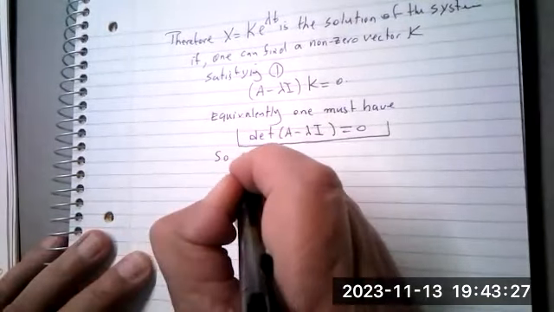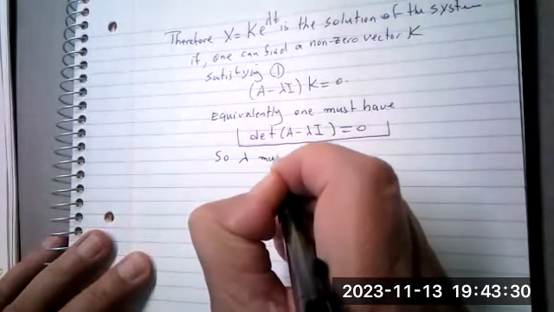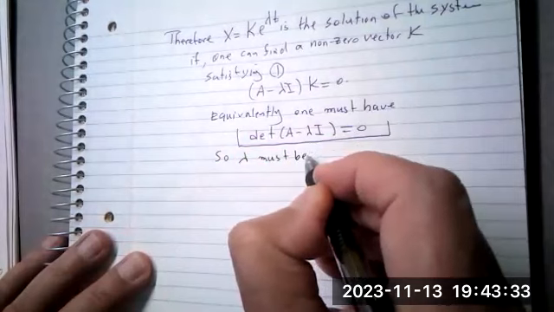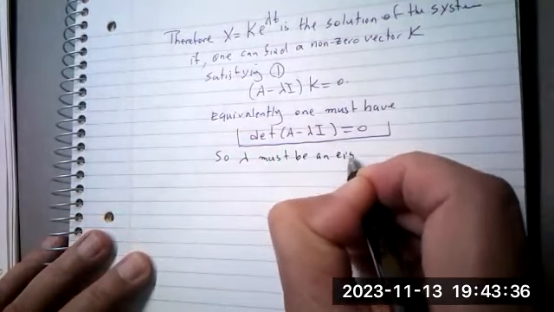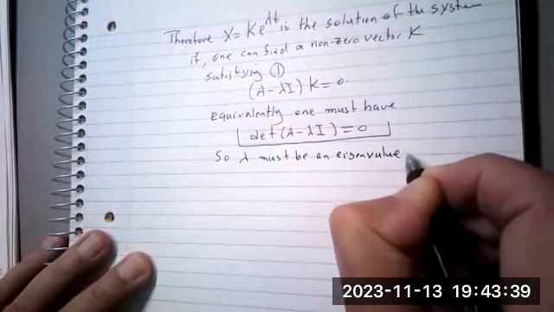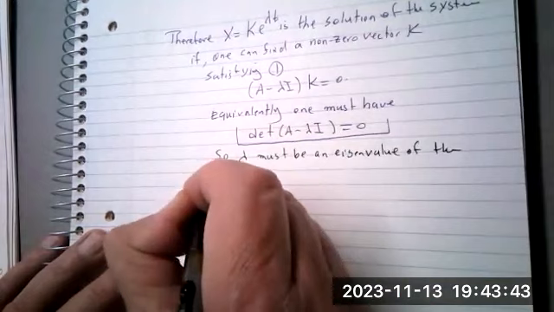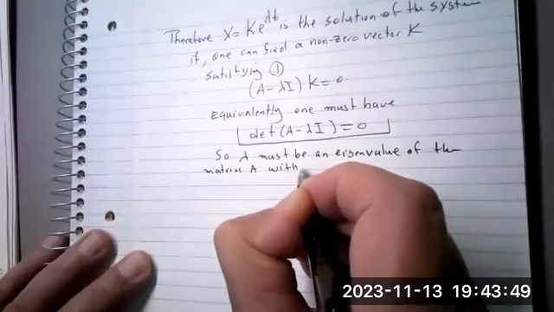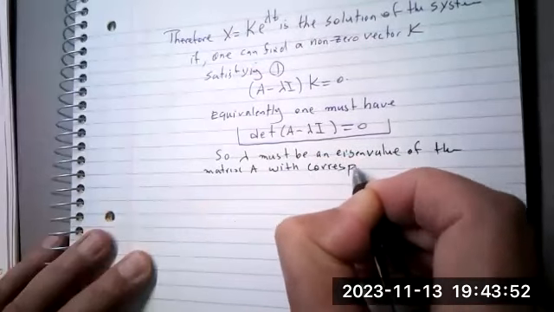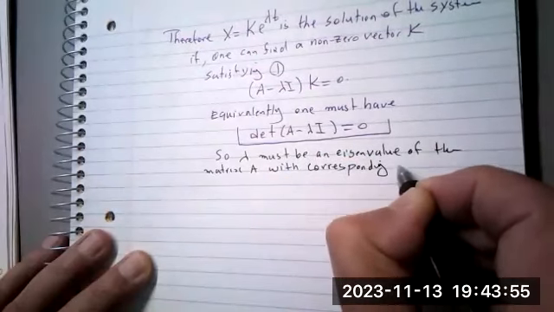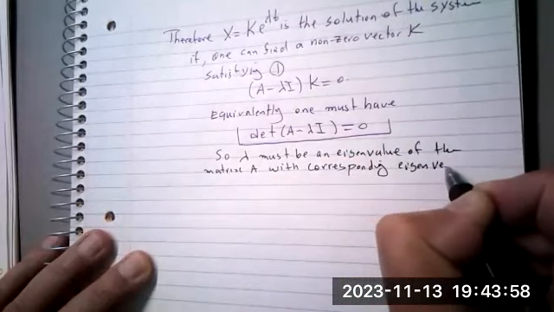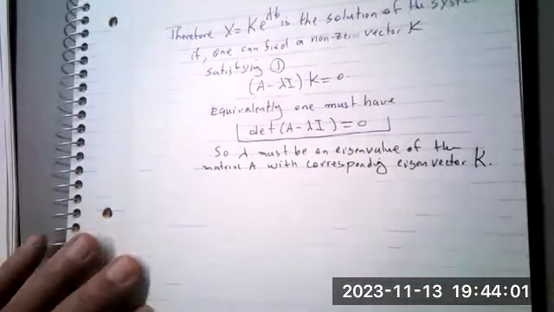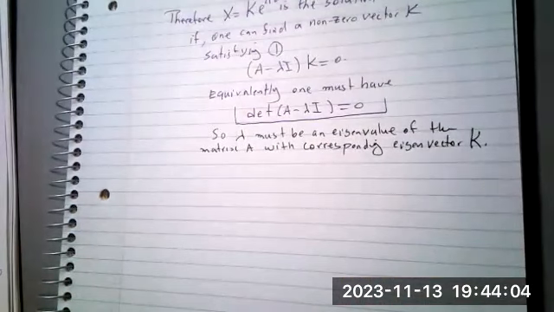So lambda must be an eigenvalue of the matrix A with the corresponding eigenvector K. Okay, so we know the situation we're going to have.